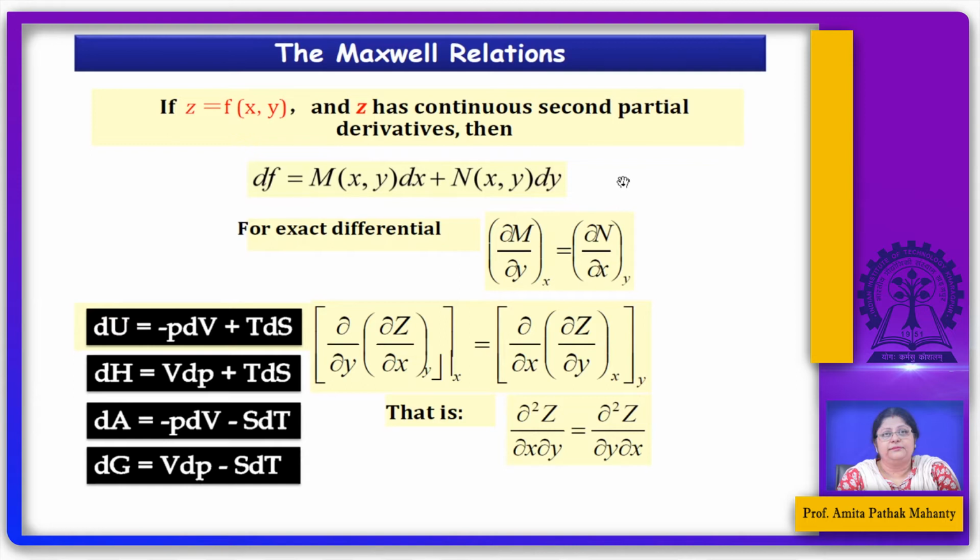What was M? Differentiating with respect to which variable?